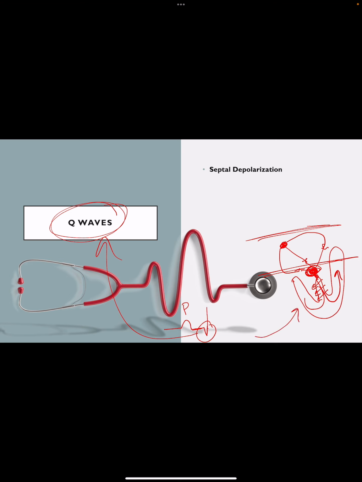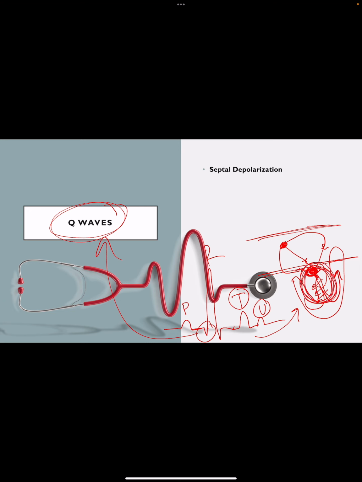This will be followed by ventricular depolarization demonstrated by the QRS complex, and then ventricular repolarization demonstrated by the T wave, followed by Purkinje fiber repolarization demonstrated by the U wave. We have already overviewed that. So Q waves demonstrate this septal depolarization.